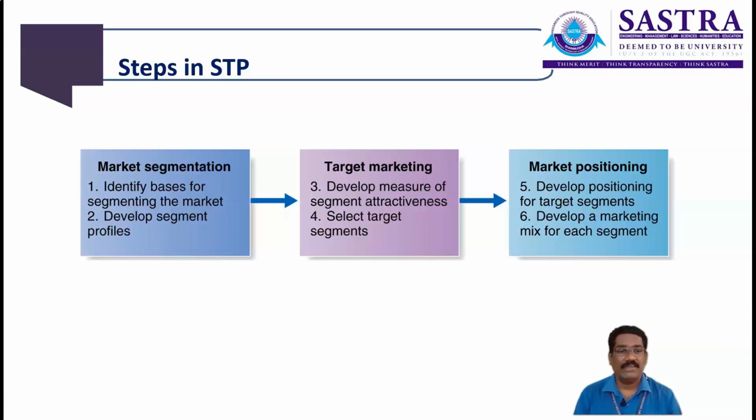We call it developing positioning for target segment. As I said earlier, with the value proposition, the marketer is trying to occupy a position in the minds of the customer through the benefits offered, like in terms of Sensodyne toothpaste. For sensitive teeth, the cure from the Sensodyne paste is huge.